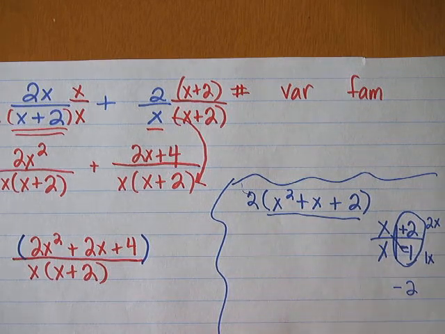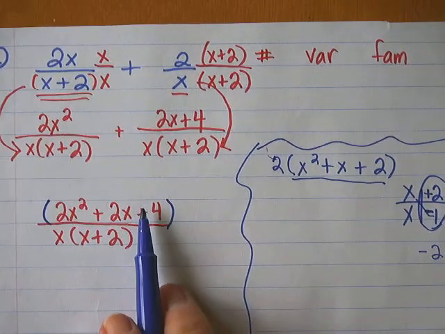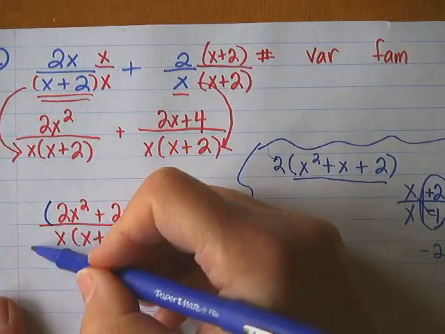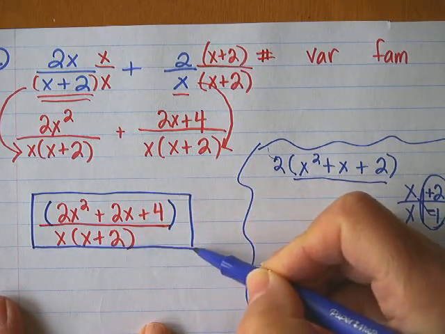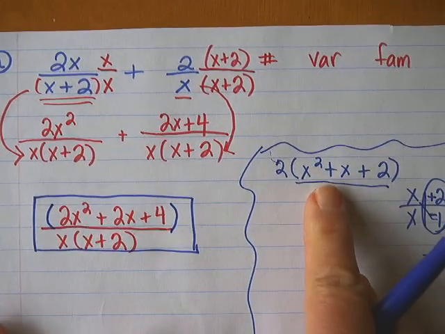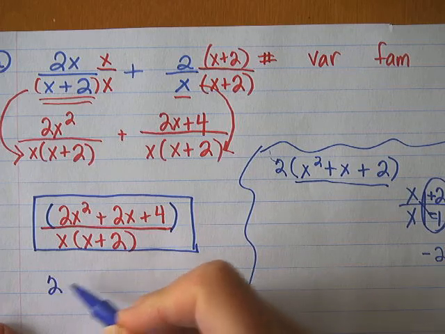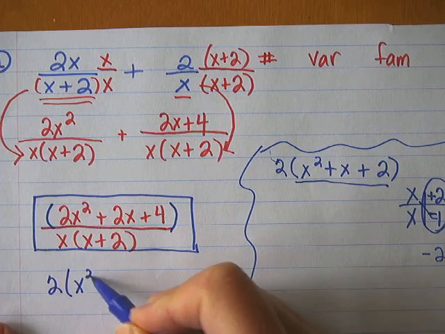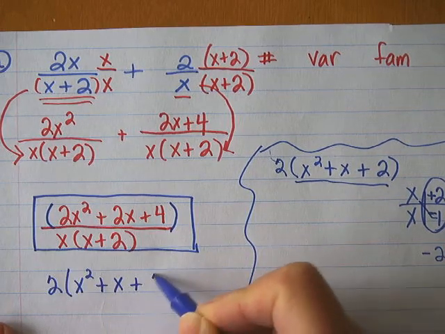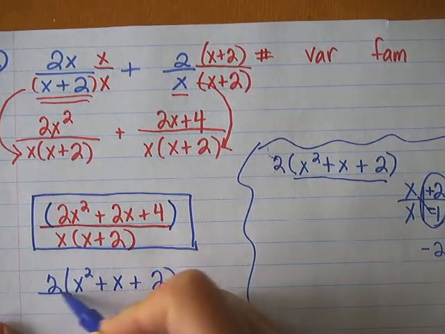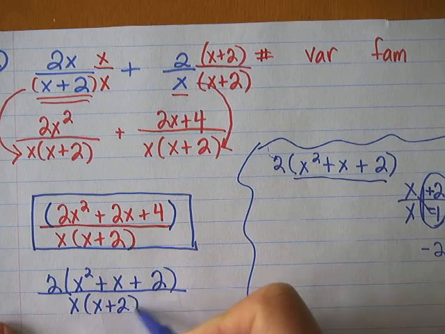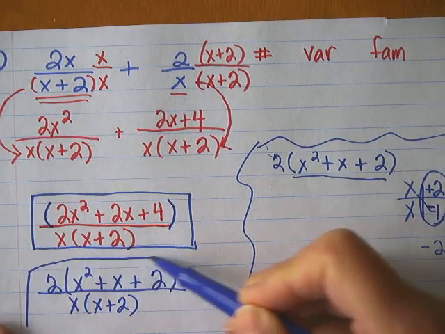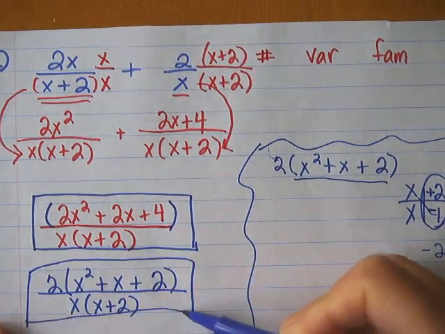But here's the deal. If nothing cancels, it's okay for you to write your answer this way. So this could be your final answer. If you decided, though, you wanted to write your numerator as 2 times x squared plus x plus 2 over x times x plus 2, because you wanted it to be as factored as possible, this would be okay as well.